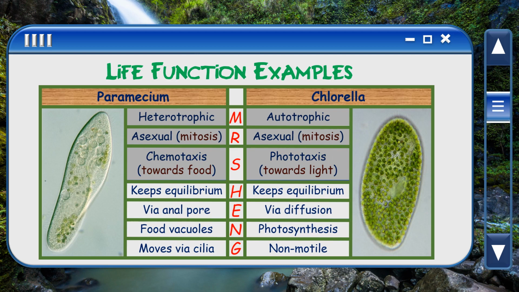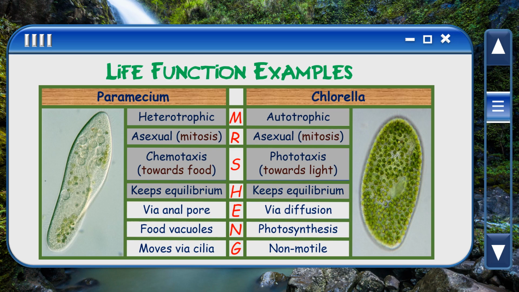When it comes to sensitivity, the Paramecium uses chemotaxis, for example, moving towards food. That's how it senses. Then the Chlorella is going to use phototaxis, moving towards light. In terms of homeostasis, both of them keep an equilibrium.